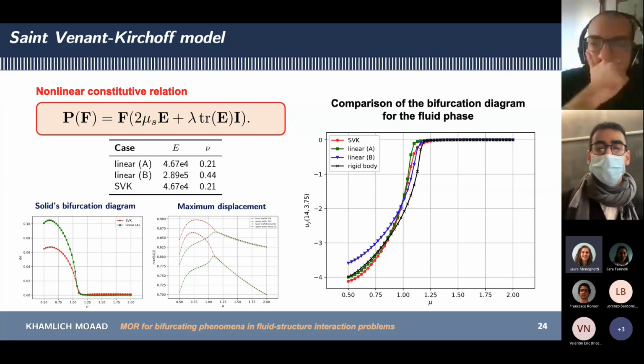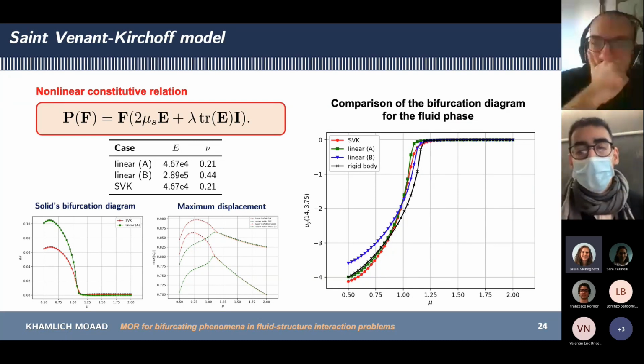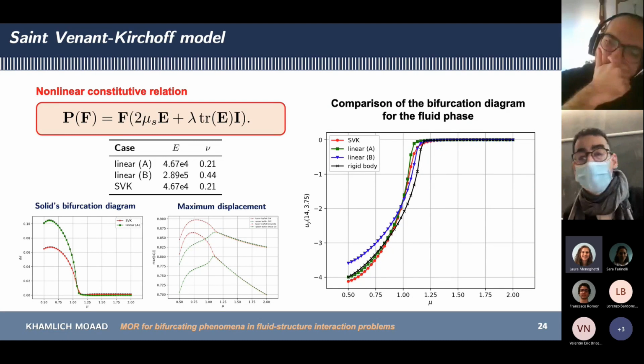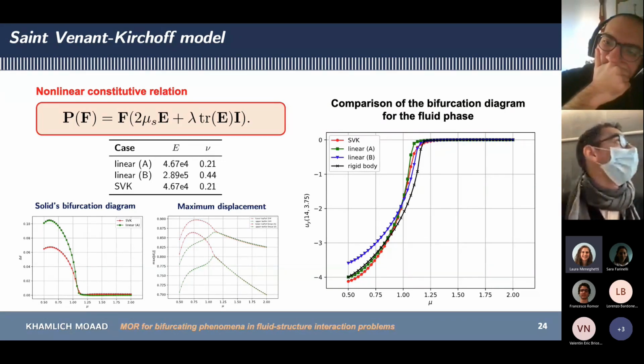What we have observed is that the increase in structural stiffness in the linear case leads to a delay in the bifurcation, while the Saint Venant-Kirchhoff model still delays the bifurcation with respect to the rigid structure case, but anticipates it with respect to the linear counterpart.